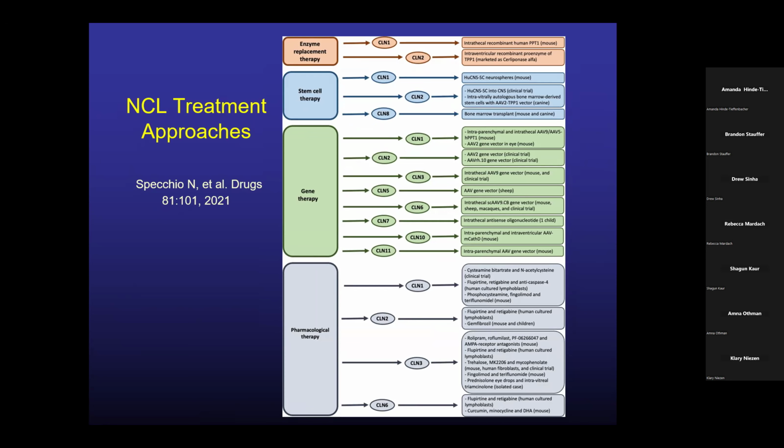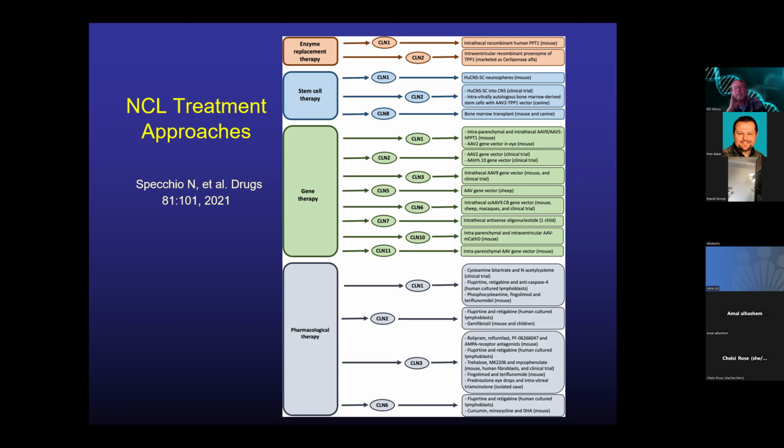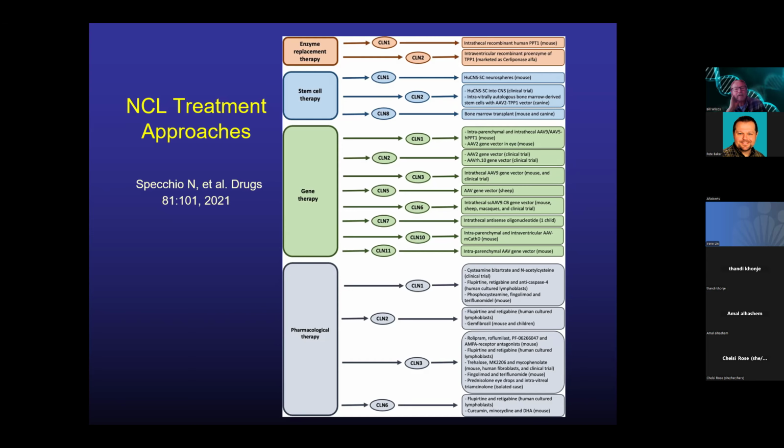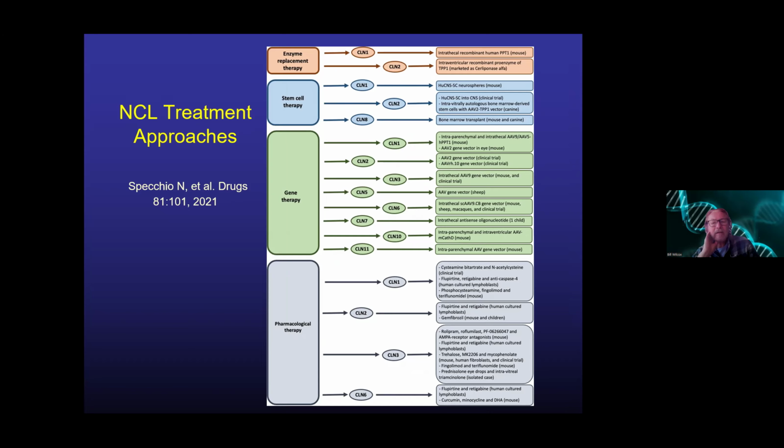There are various gene therapies in early stages, preclinical or early clinical. Not a ton of movement on these things. I think there's just not enough money to do it all. And various pharmacologic things have been proposed, but most of them haven't panned out or moved very far in human clinical trials.